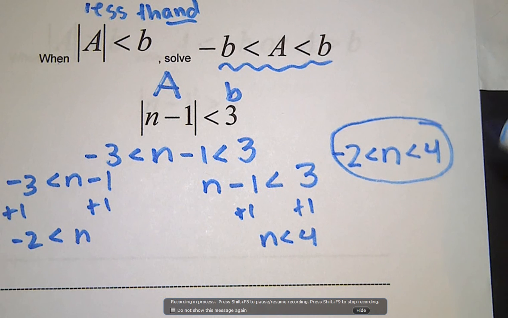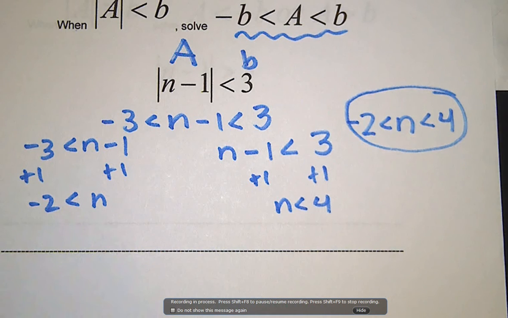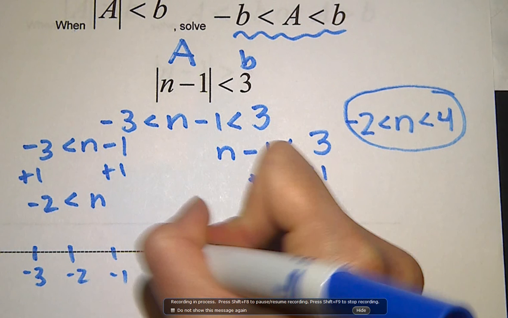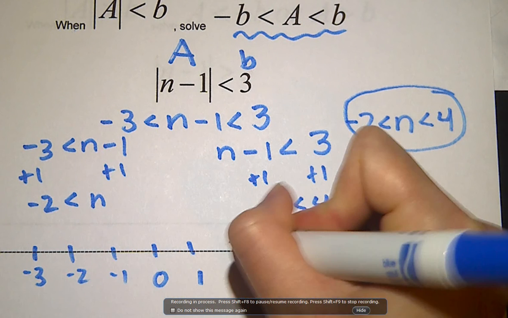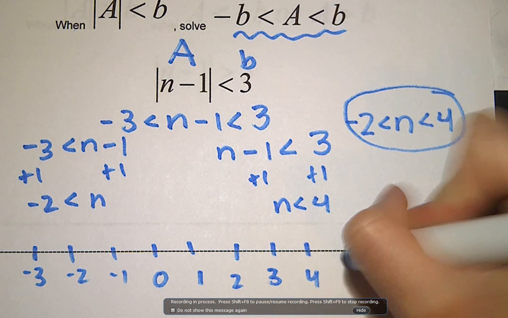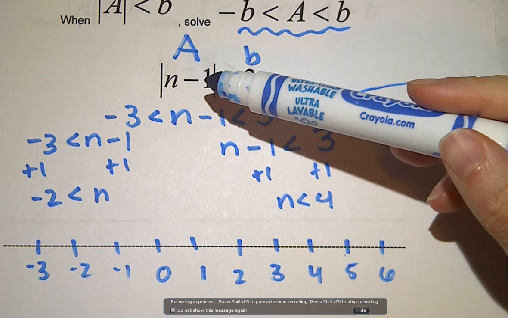Now, I want to show you a way that you can check this that works. So I'm going to make a number line here, and I'm going to go -3, -2, -1, 0, 1, 2, 3, 4, 5, 6. Okay, so see how this is n minus 1?